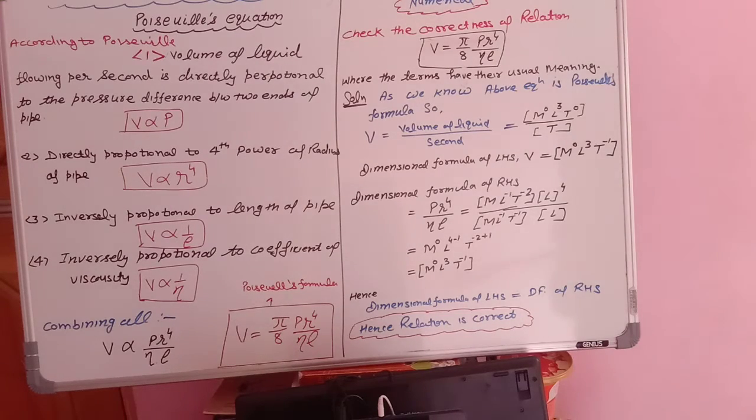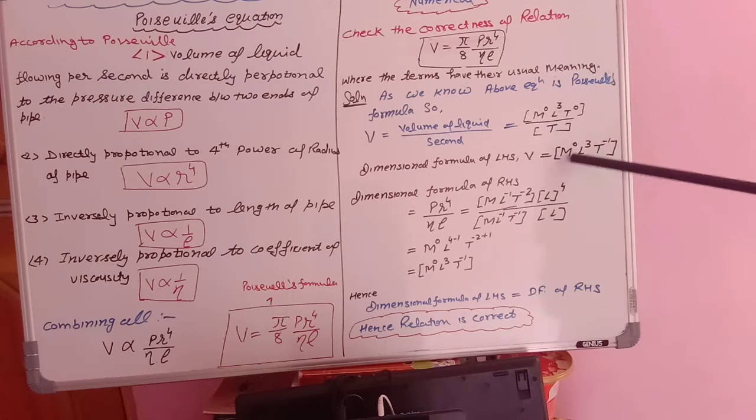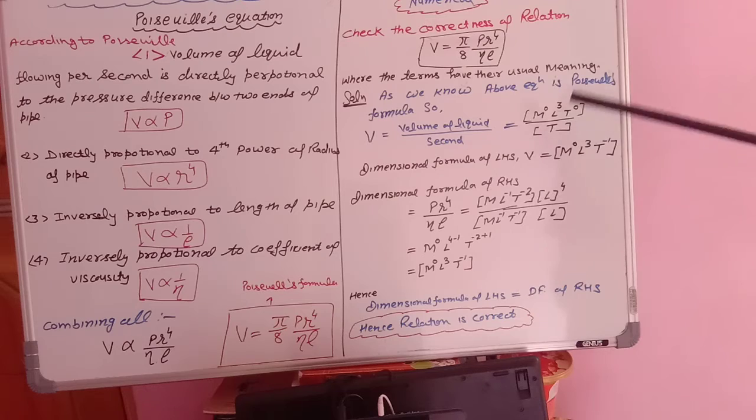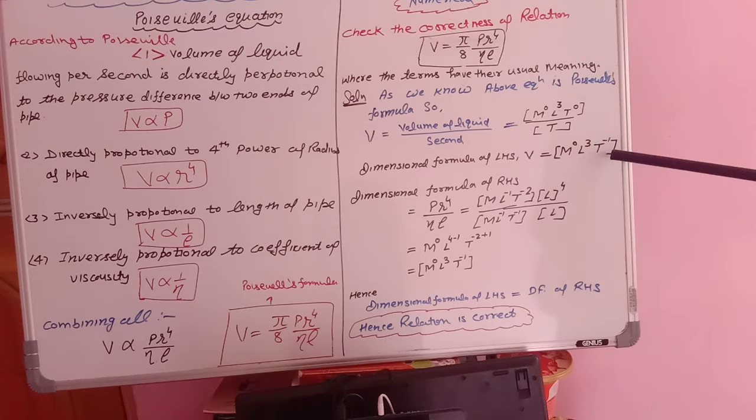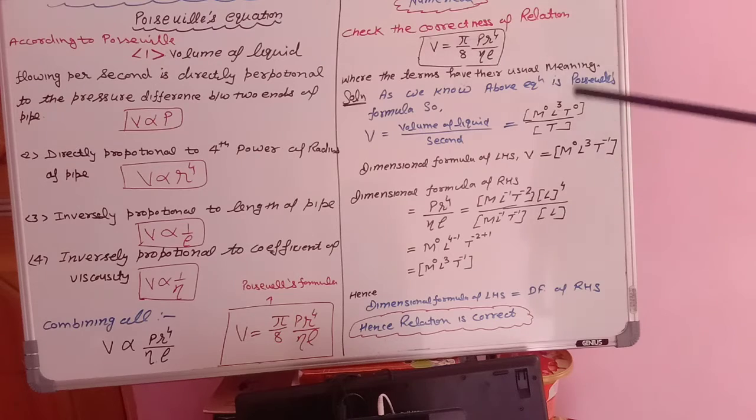Next is the dimensional formula of the left hand side. V is equal to M naught L cube, and when this T goes up, it becomes T minus 1. So the total dimensional formula of the left hand side will be M naught L cube T minus 1. Now let us proceed towards the right hand side.